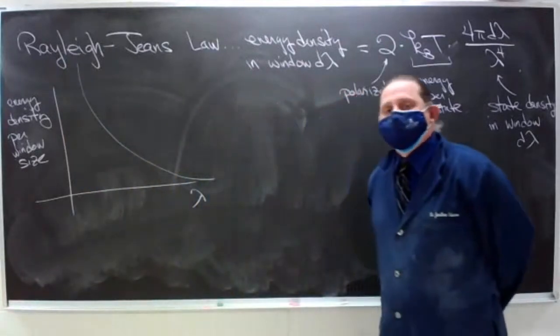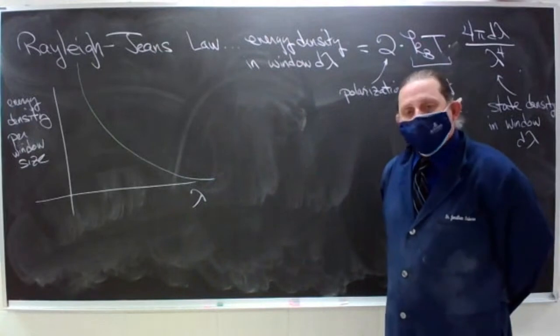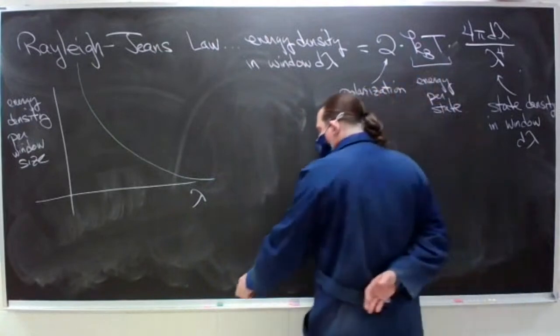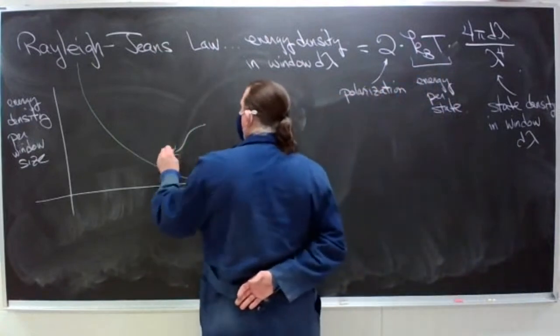There's the 1 over lambda to the 4th behavior associated with the Rayleigh-Jeans law.